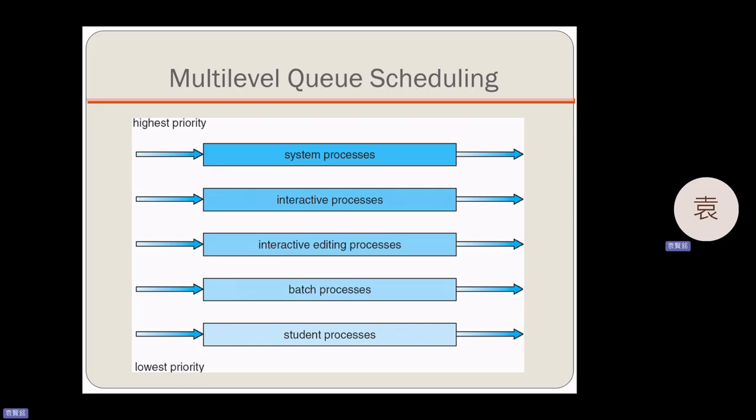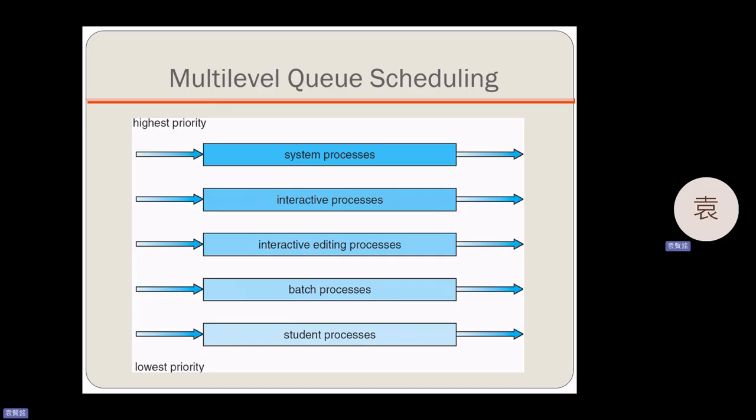Okay. So here is an example. We have a highest priority for system process, interactive process, editing process, batch process, and student process. For example, we have just 5 different queues. And the priority is that the highest priority is system processes. Every queue may have different scheduling. You can use a different scheduling policy for that particular type of process. A typical way is we assign the CPU usage according to their percentage.